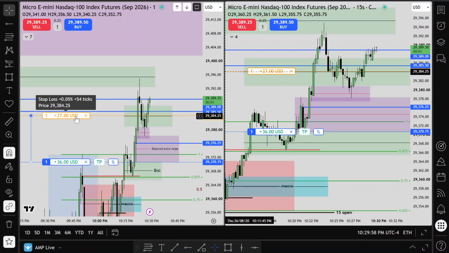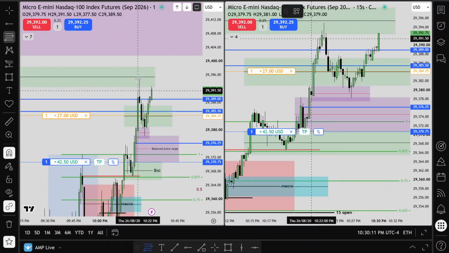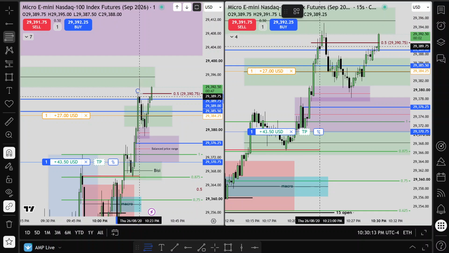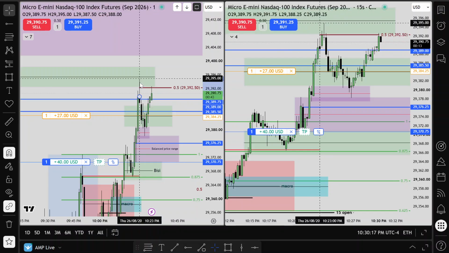Three, two, one. Both above previous liquidity and the volume imbalance. Sorry, my microphone got away. Now, real quick, what's 50% of this gap? Or if that wick, whoa.